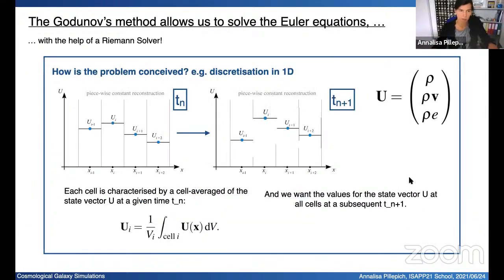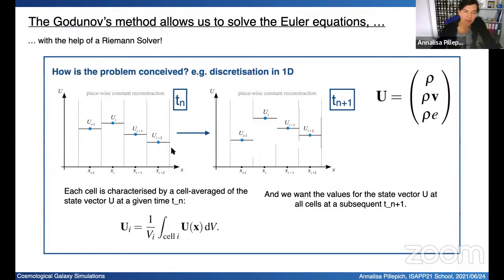So this is how we can describe the system. Let's do it in 1D, okay? You have your gas, and your state vector U tells you about the mass, the momentum, and energy of your gas. You discretize your volume in cells, here in 1D. In every cell, you can describe the gas based on an average of your state vector. You can take the piecewise constant average, all right?